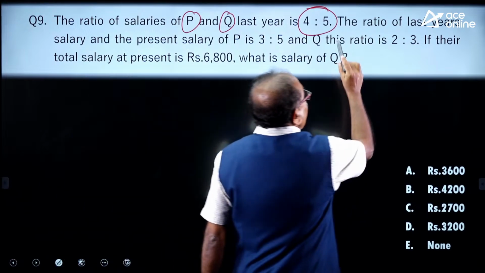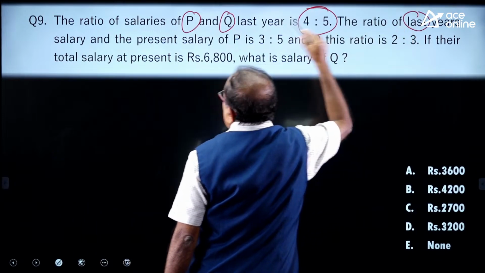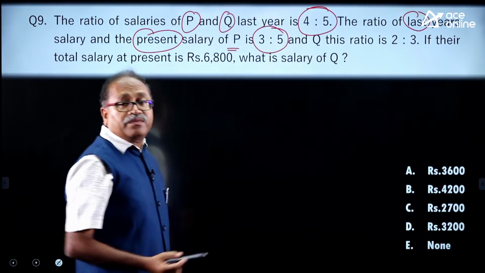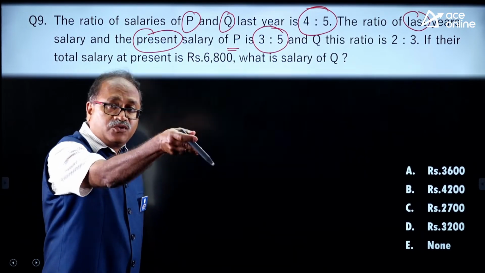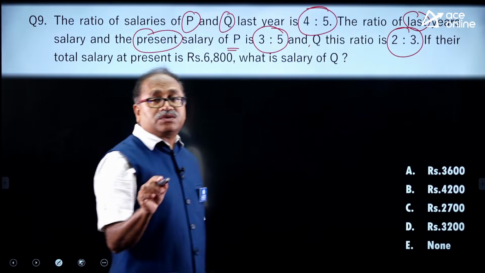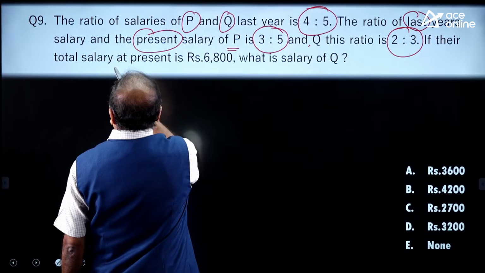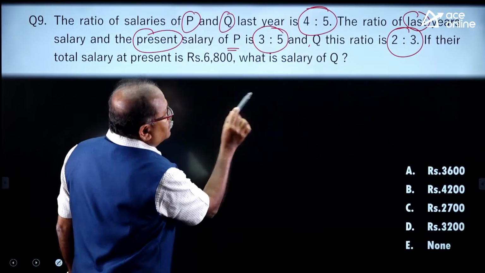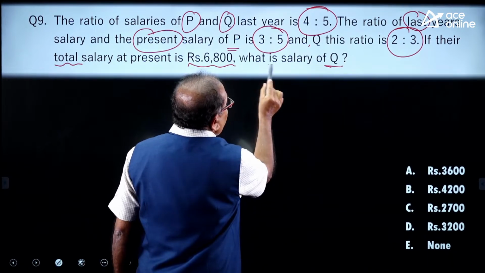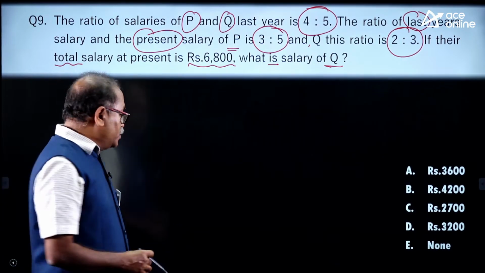The ratio of last year salary to present salary of P is 3:5, whereas for Q, the last year to present year is 2:3. Now, if their total salary at present is 6,800, then what is the salary of Q? Really a beautiful question. How do I approach this question?